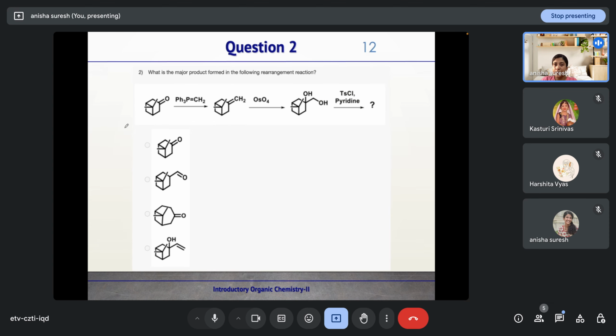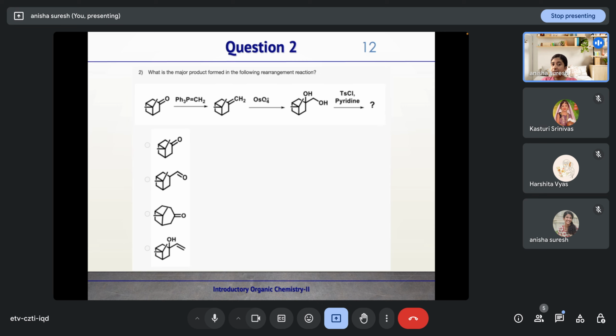Now coming to the second question. What is the major product formed in the following rearrangement reaction? Here we have this ketone and it is treated with methyl Wittig reagent, so this ketone will be converted into an alkene.